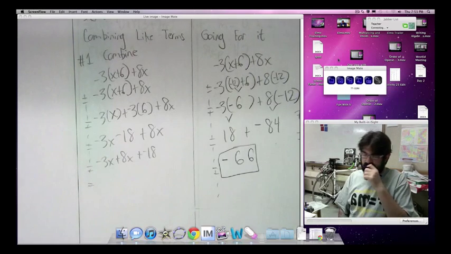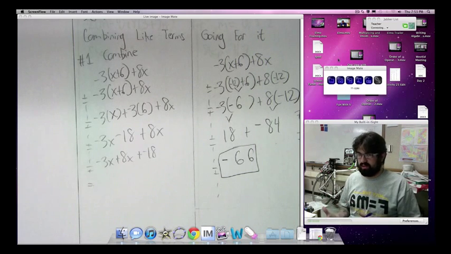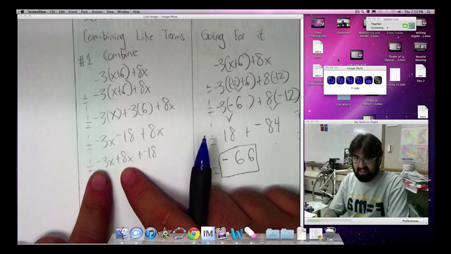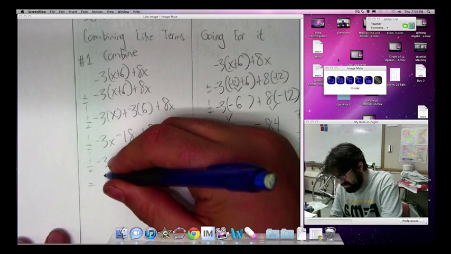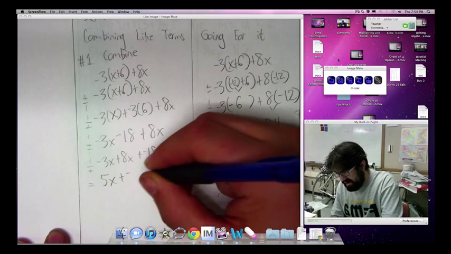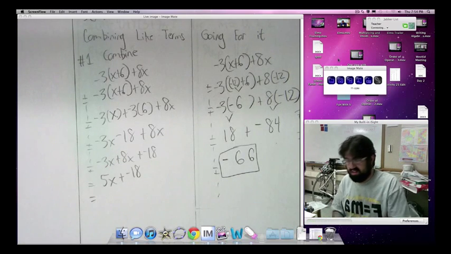Still going strong. I'm at the point where I'm not going to anti-distribute. I'm going to say negative 3, because these are both x. Negative 3 plus 8 is positive 5x, plus negative 18, which I will rewrite, of course, as negative 18.